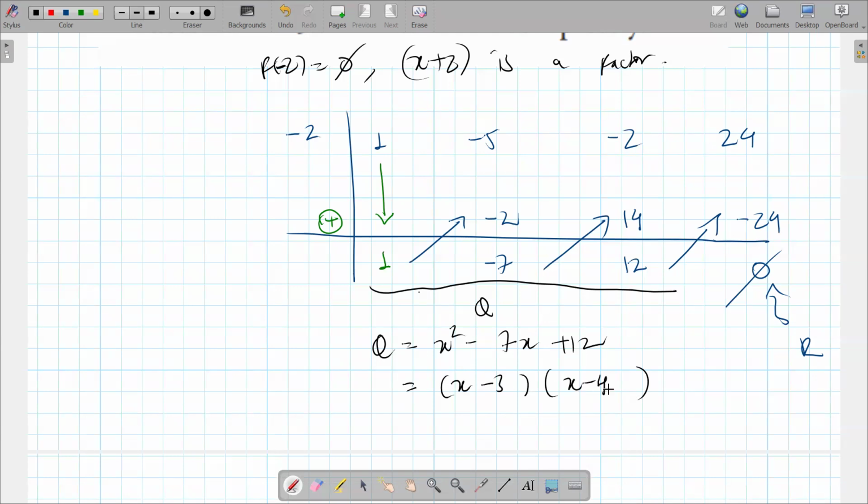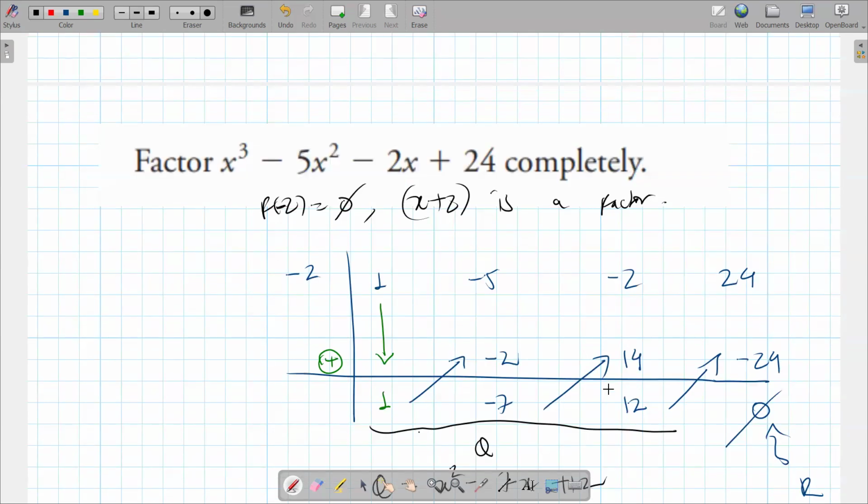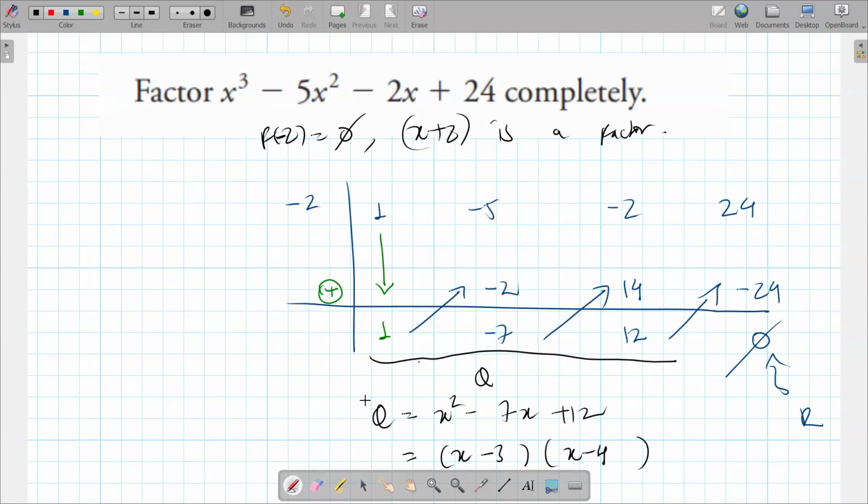Yeah, like that. So now look at this. So your x cubed term, your original term, is therefore, keep in mind x plus 2 is a factor, therefore f of x is equal to your first term, this, times the quadratic term.